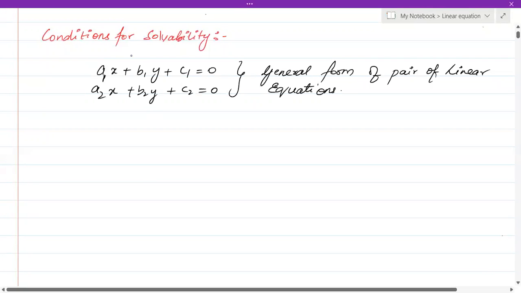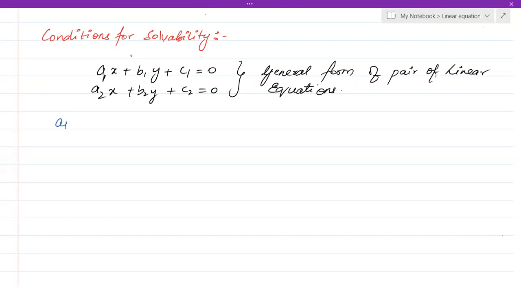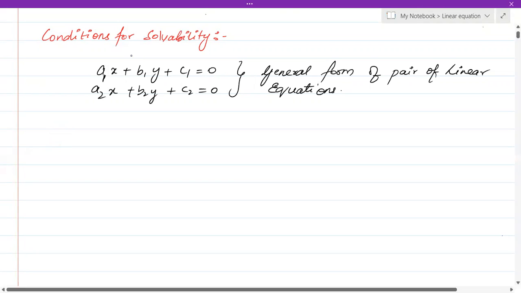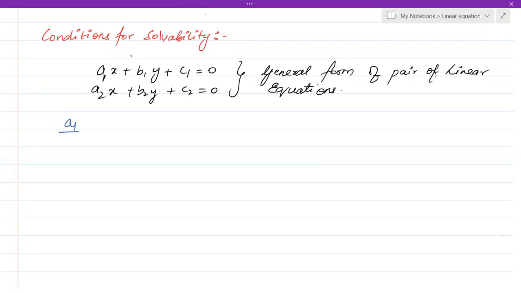Now let's see the conditions. The first condition is, let's take the ratio of a1 and a2, that is, a1 by a2, and the ratio of b1 by b2.